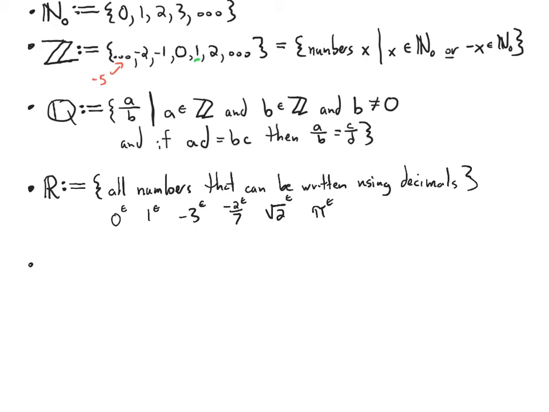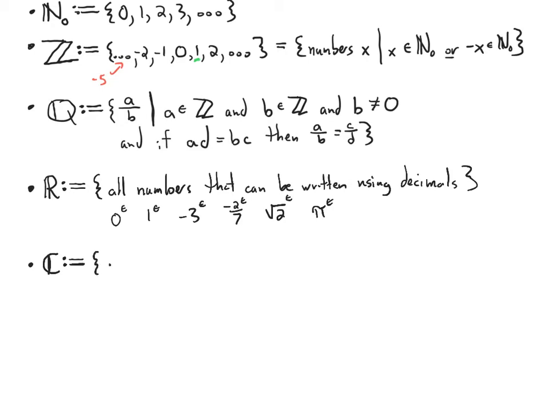And the final one we're going to talk about, and I'm just going to introduce you to it, is the set of complex numbers. These are basically like real numbers, except there's an additional part we add, and that is the square root of -1. We say we're allowed to take the square root of -1.